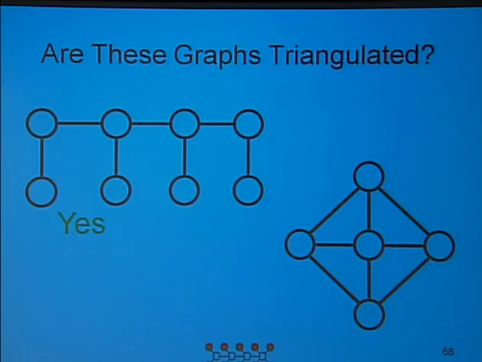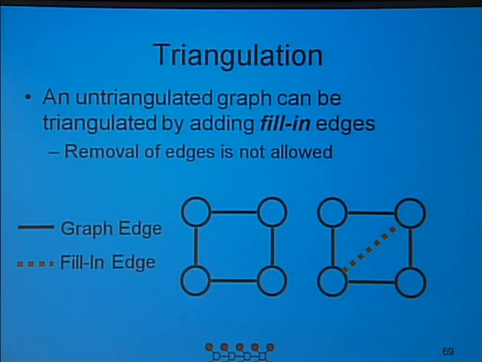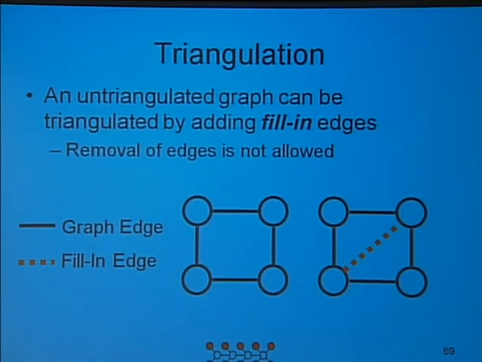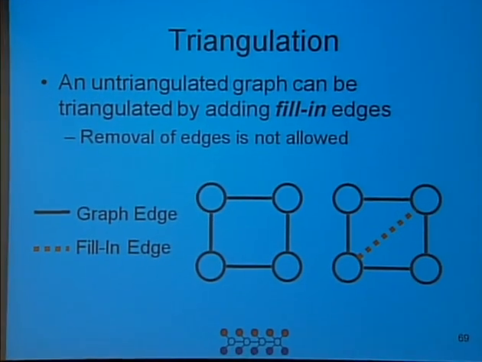All trees are triangulated. The second one is no. It looks triangulated because it's full of triangles, but if you actually look at it, there's a 4-cycle around the outside, so it is not triangulated. If you have an untriangulated graph, you can triangulate it by adding edges. You're not allowed to remove edges.